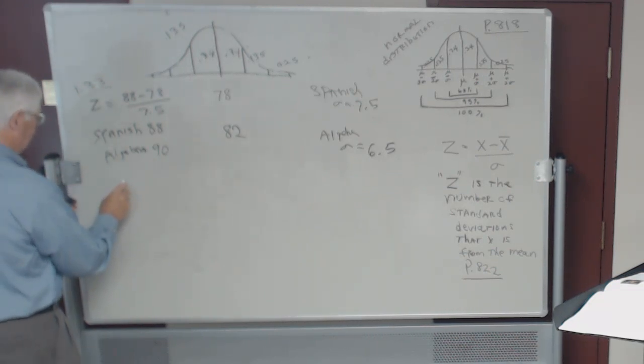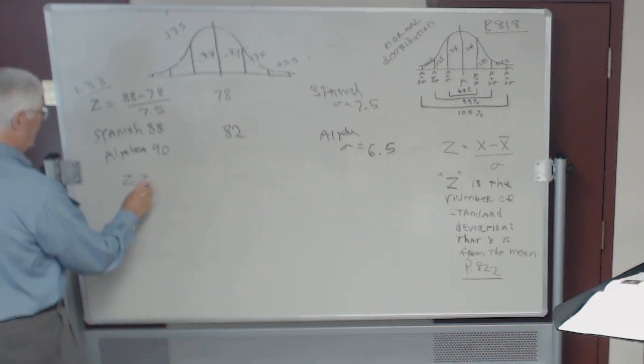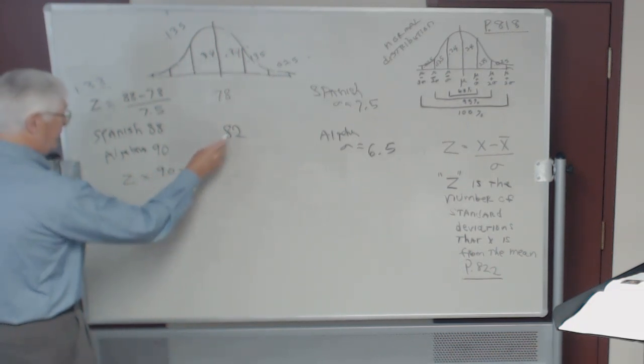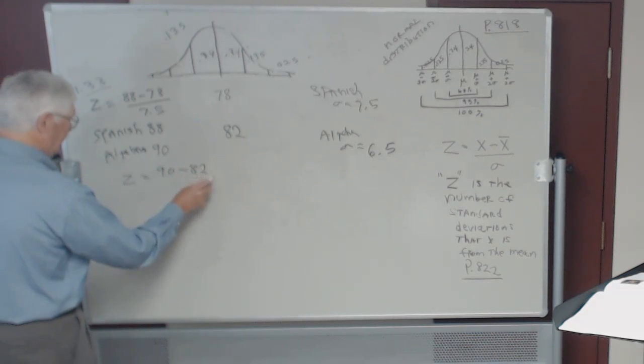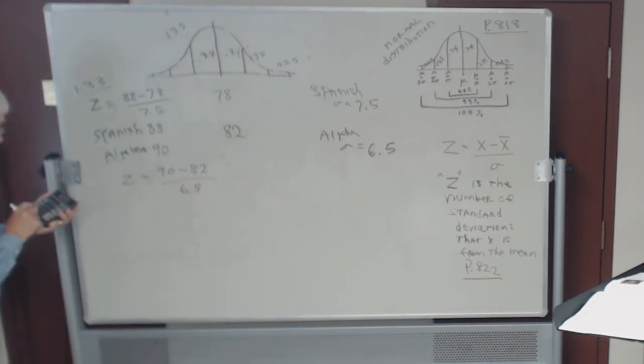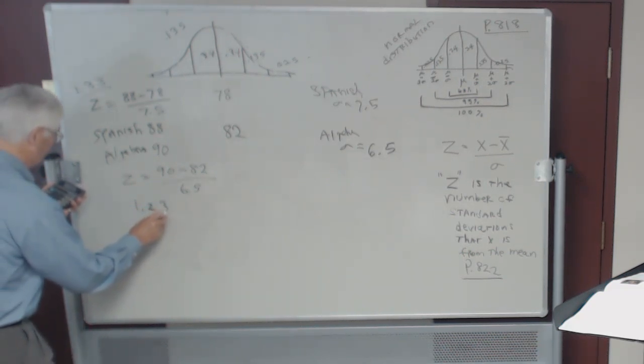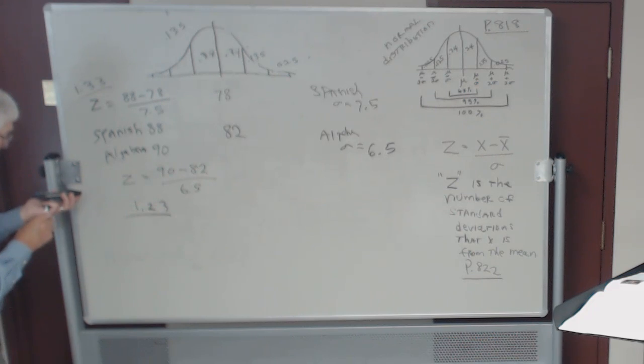Let's do his algebra z-score. 90 minus 82 divided by 6.5 equals 1.23 is his z-score.